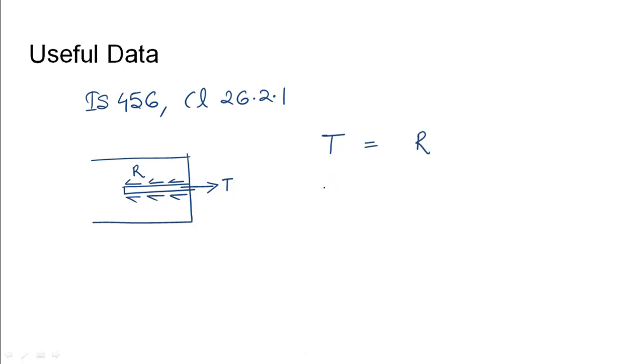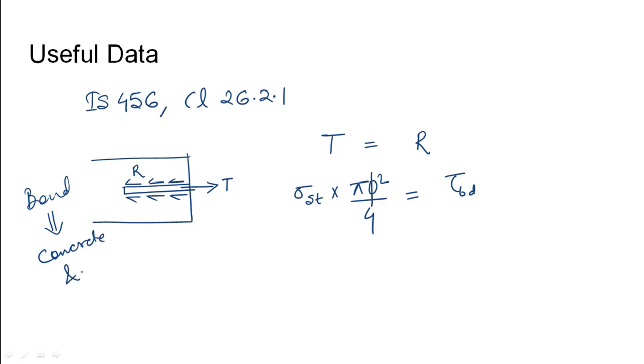The tensile force can be given by the stress that can be taken by the steel bar into the area of the steel bar, that will be pi into diameter square by 4. The resistance force will be a function of the bond strength. Bond strength is nothing but the force that exists between concrete and steel. So the bond strength will be multiplied with the circumferential area of the bar.